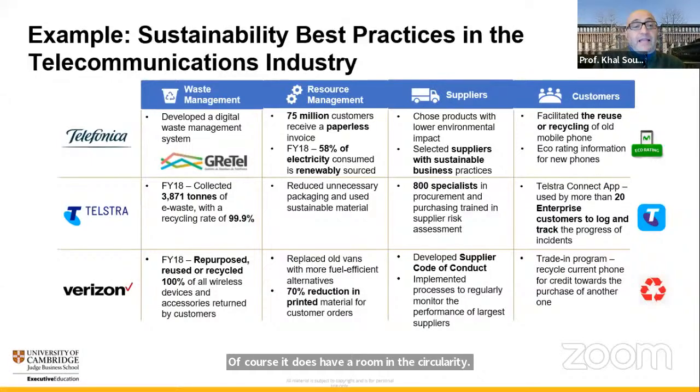Telefonica, Telstra, Verizon. Now, if you take all of these companies, basically these companies have been involved in waste management. If you take, for example, Telefonica, they developed a digital waste management system. Resource management, 75 million customers receive a paperless invoice.